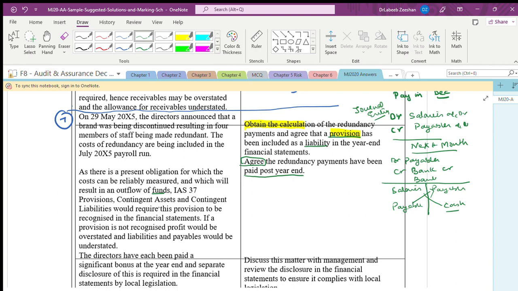The IAS, you have to mention this. The moment you say provision, you have to mention IAS 37. It will give you marks. F7 is mandatory for F8. Without accounting, there is no auditing.